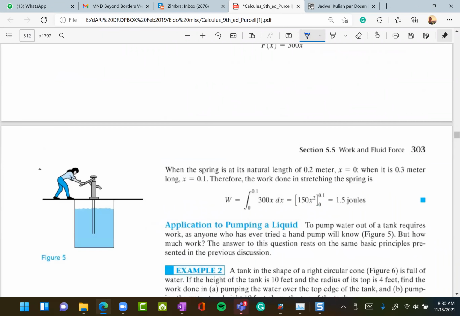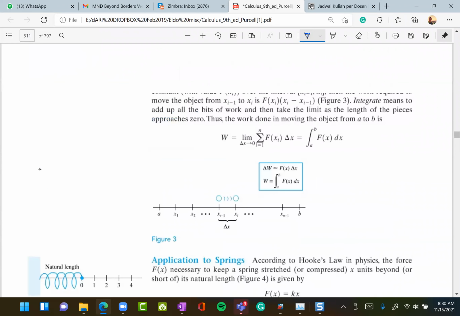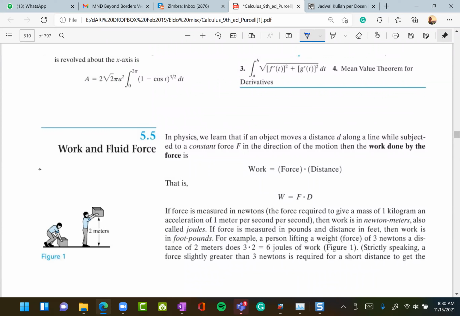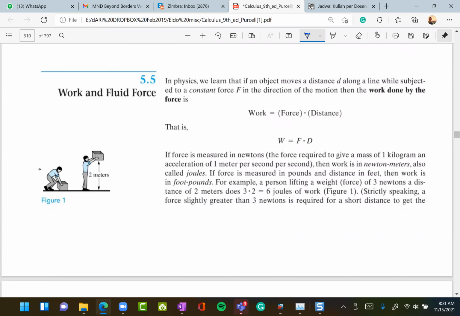Okay. So here we have a formula. Work is force times distance, from your mechanics, the first chapter of your physics.